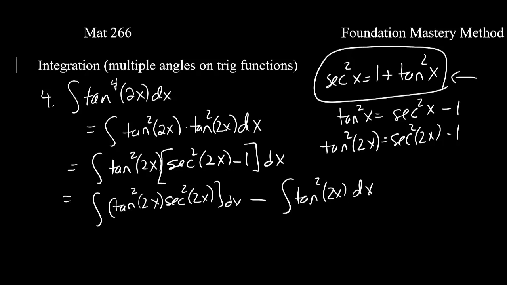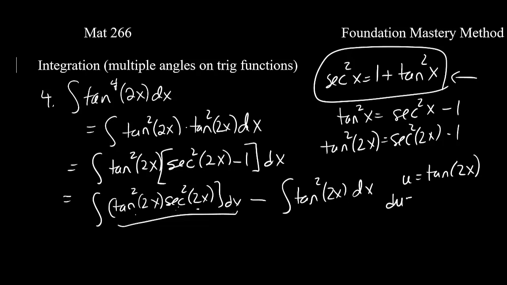Now, looking at this first integral here, what we can see is that we have a power of tangent and secant squared, which means we can do a u substitution and let u equal tangent of 2x. So for this first integral here, we're going to let u equal tangent of 2x.